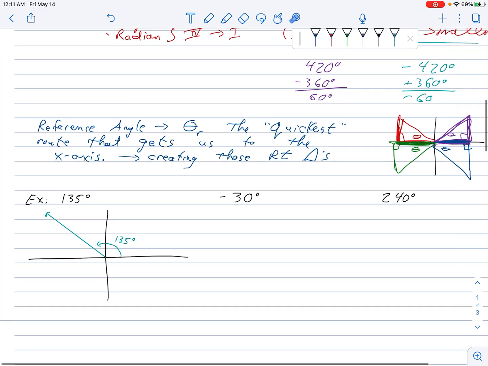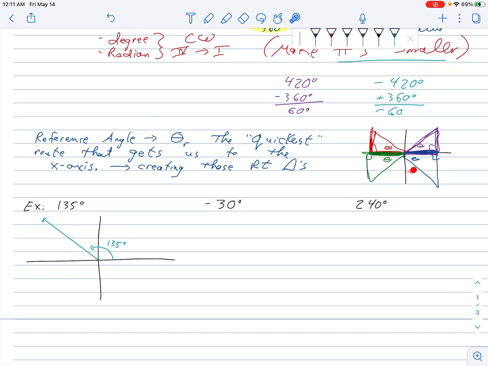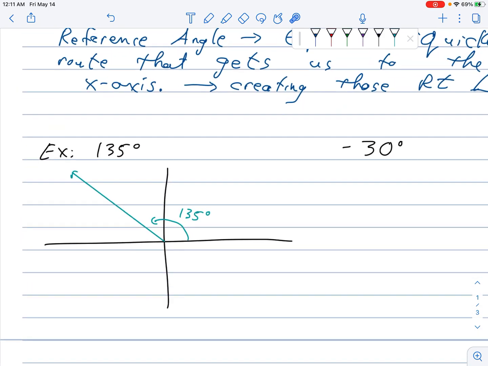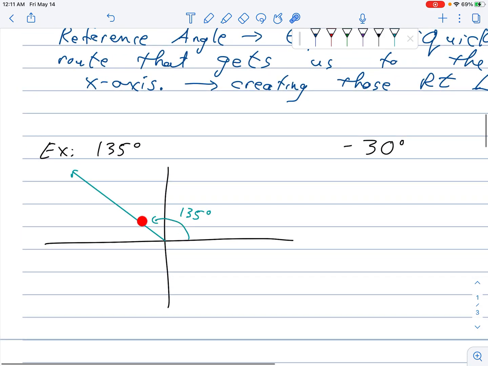Good. I'm positive, so I'm going the right way. I want to create a triangle that looks like one of these. In order to do that, I want to find my angle, not this one. Look how far away that is. What is this angle? What's my reference angle? My angle that gets me from the number I give you to the x-axis.